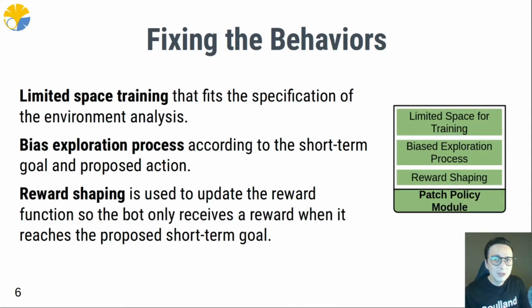And the last one, we also incorporate reward shaping, and it's used to update the reward function so the bot only receives a reward when it reaches the proposed short-term goal.